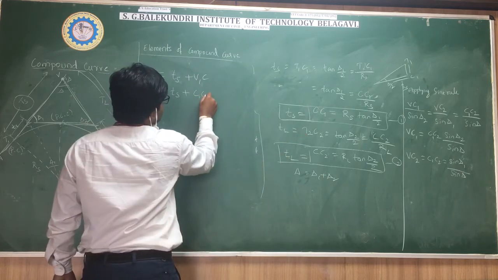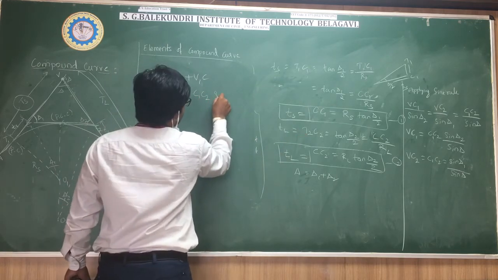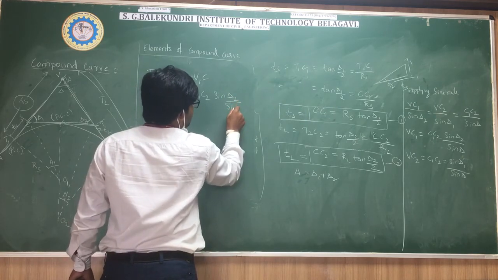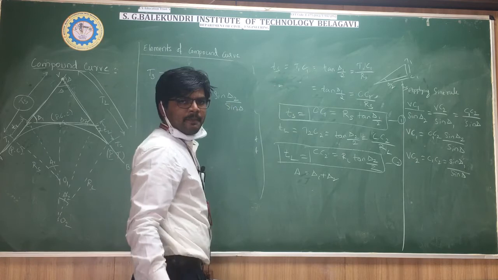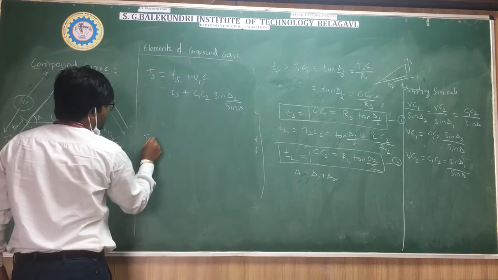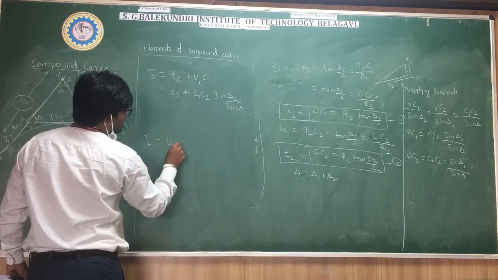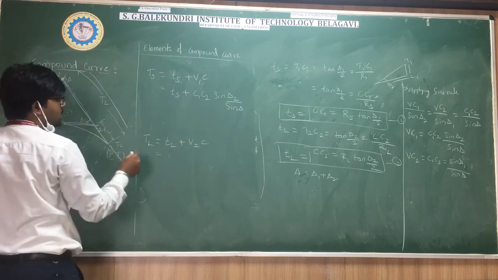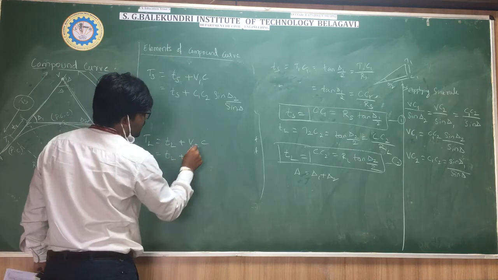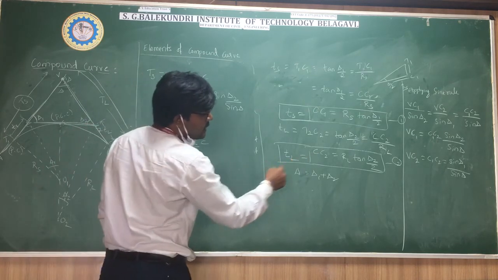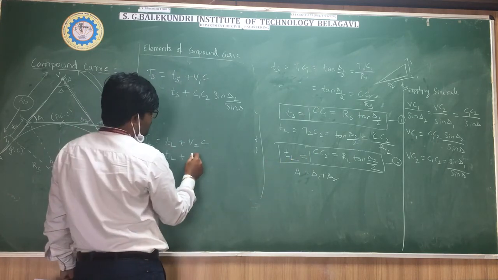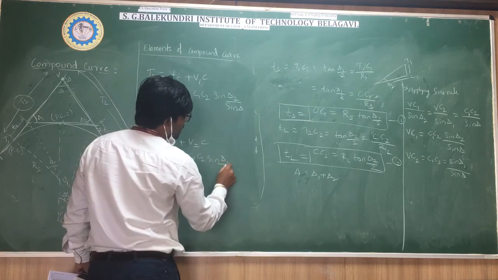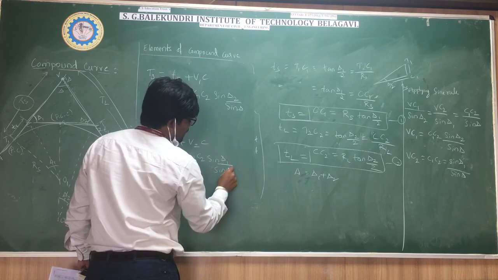It is C1 C2 sine delta 2 by sine delta. Similarly, TL can be written as small tl plus V2C. What is V2C? C1 C2 sin delta 1 divided by sin delta.